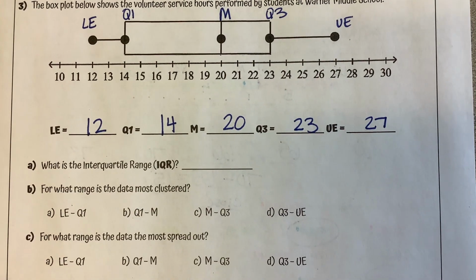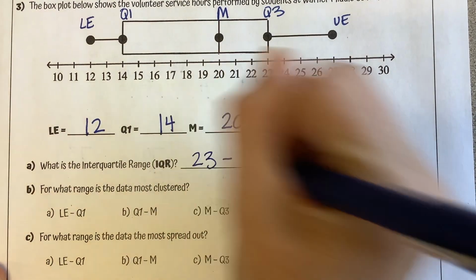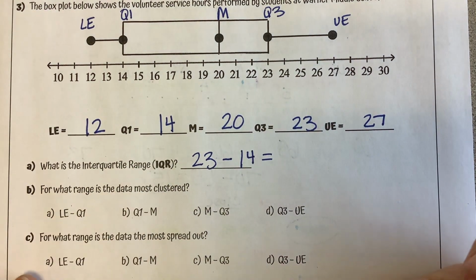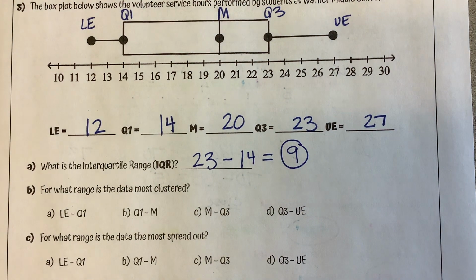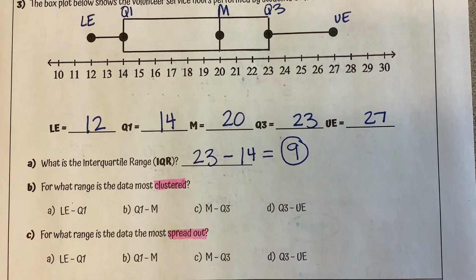What is that interquartile range? That IQR is our Q3 of 23 minus our Q1 of 14. Do it in your head or plug it into the calculator. We get a distance of 9. Now we're looking at our ranges. Where is it the most clustered? Where is it the most spread out?